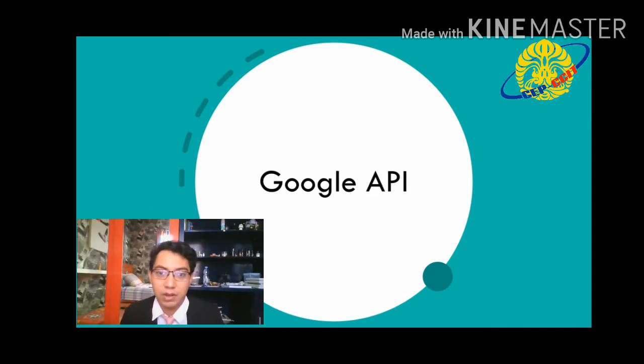After we discuss Google App Engine, we're going to discuss API. API is an application programming interface that serves as an interface between the user and the program. In this case, Google API is the interface created by Google to do such tasks.